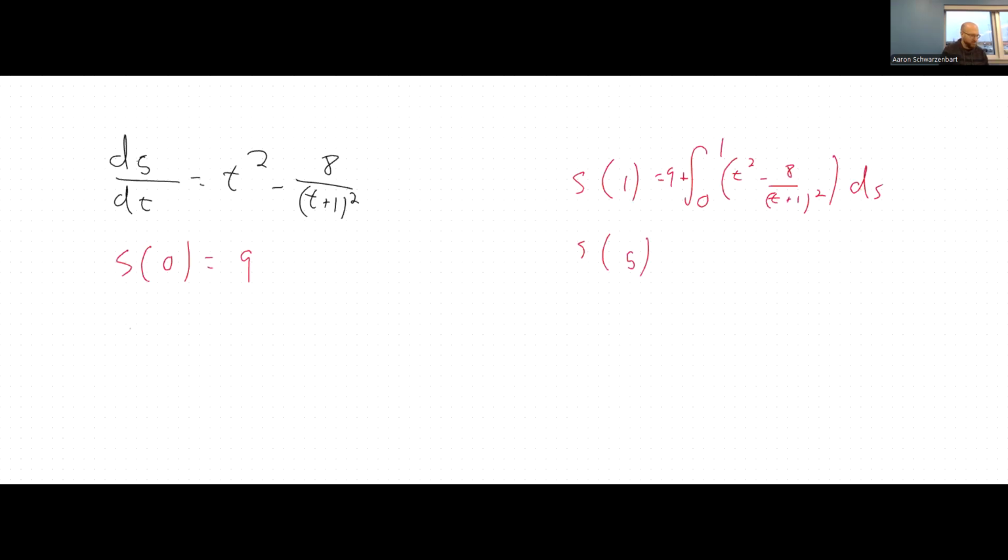So this is not constant acceleration. It's 2.4 times time. Its rate of acceleration is increasing.